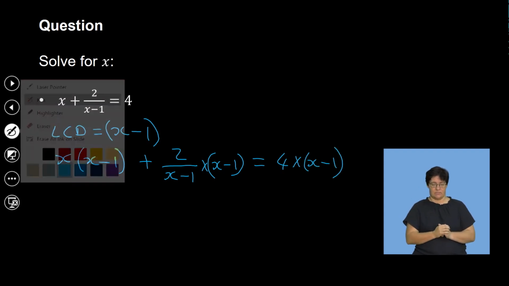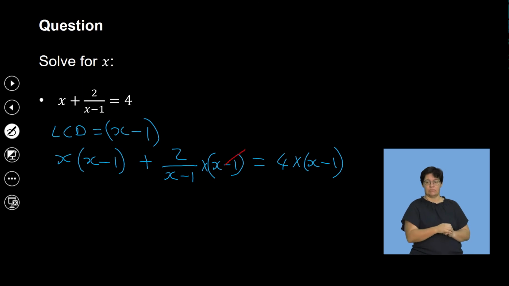Then you can see that your x minus 1 and your x minus 1, the numerator and denominator, will divide each other. And then from there, I will have x squared minus x plus 2.